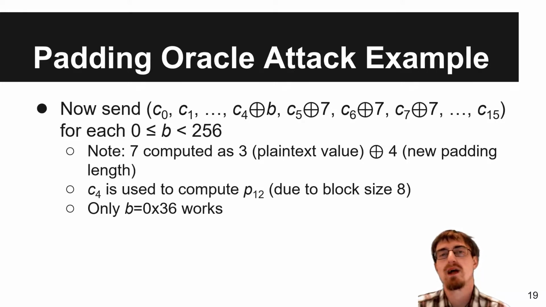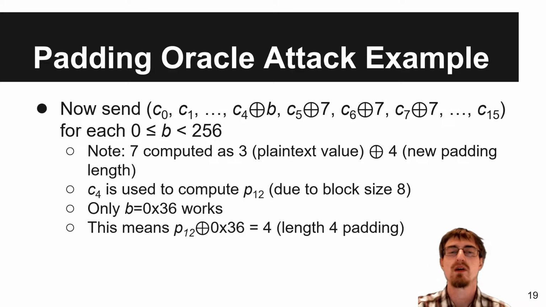Now we want to figure out which value of B will yield a plaintext that has the value 4. So this would be a valid padding, and it would stand out because we can use the server as an oracle here. The error message that we get indicates what is the issue. Now, let's say that only the byte hexadecimal 36 actually works there. What do we know then?